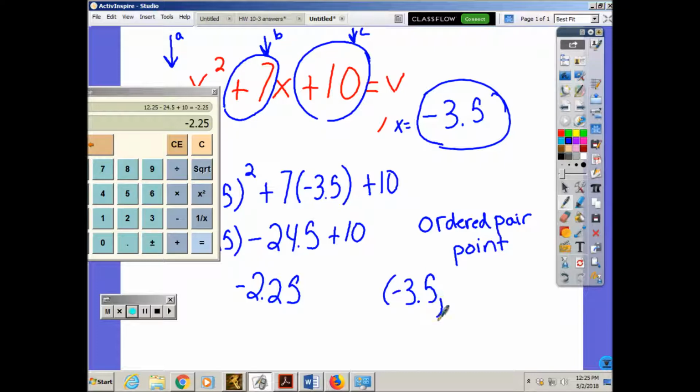The y-coordinate is what we just found. Negative 2.25 is not the vertex. It's part of the vertex. If I plotted this point, that's what I would get. The x-intercepts, the y-intercept, and the vertex are all points. They have an x-coordinate and a y-coordinate.